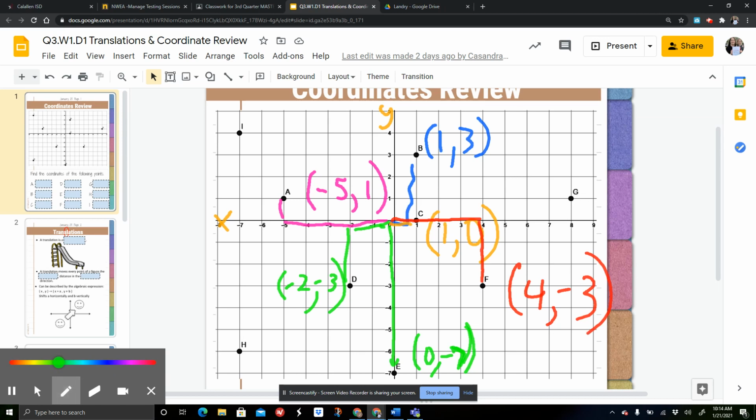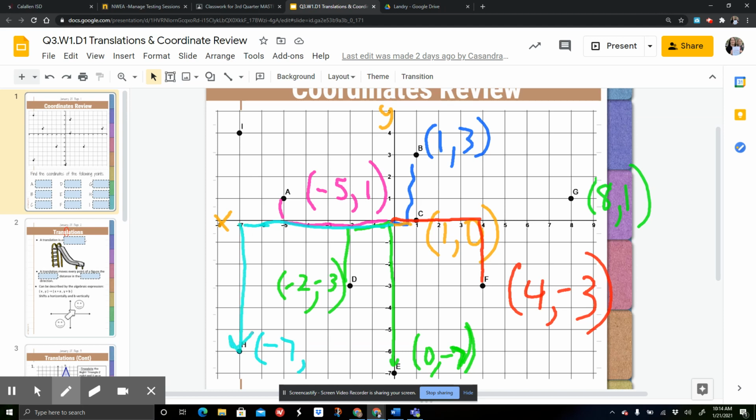And G, we go right 8 and up 1, so that's 8, 1. H, we have to go left 7, so that's -7, and then down 6, so that's -6.